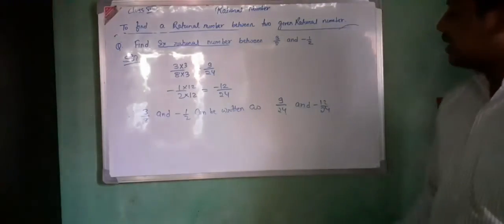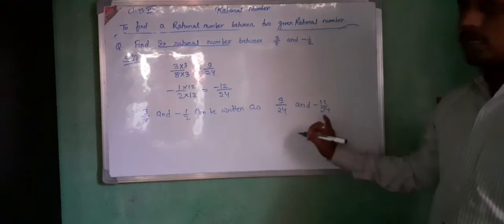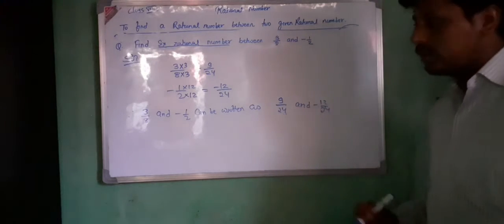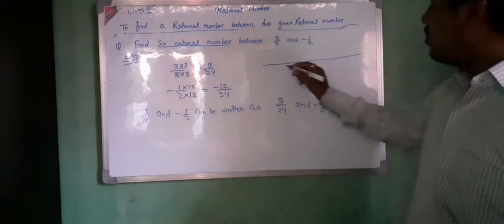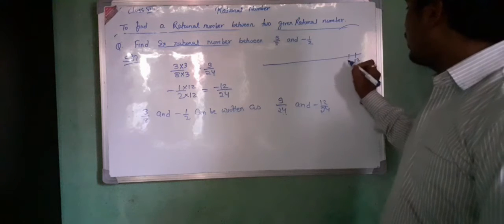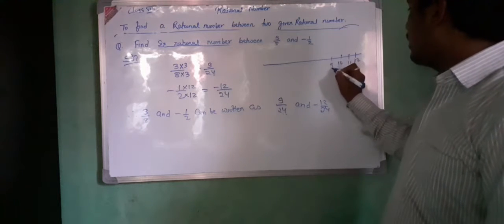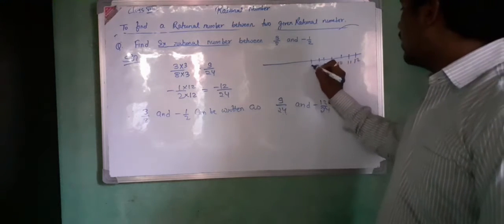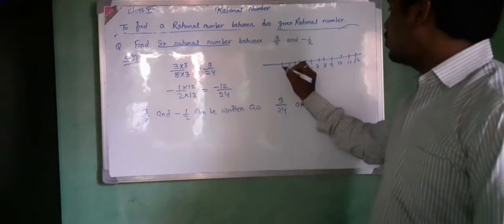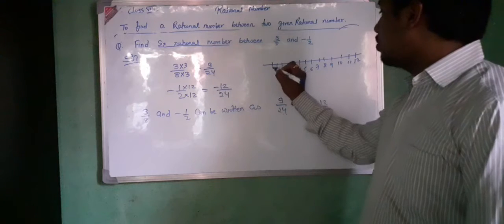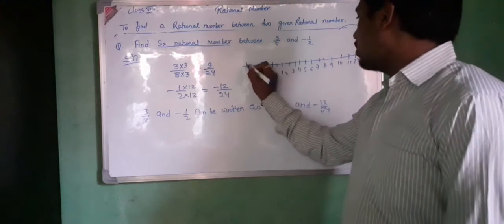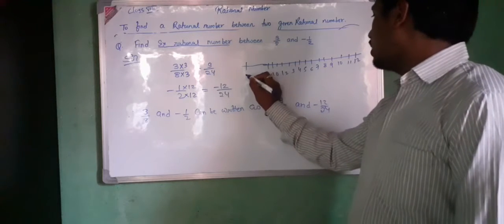So the numbers present in between these two rational numbers, between 9 and minus 12. As we know, 12, then 11, 10, 9, 8, 7, 6, 5, 4, 3, 2, 1, 0, minus 1 and so on, minus 2, minus 3, and we'll get minus 12.